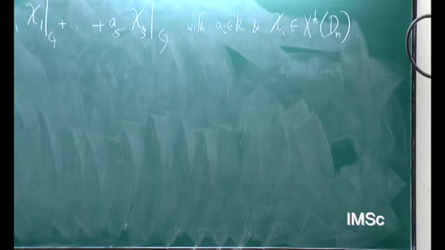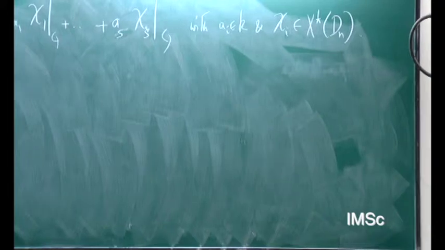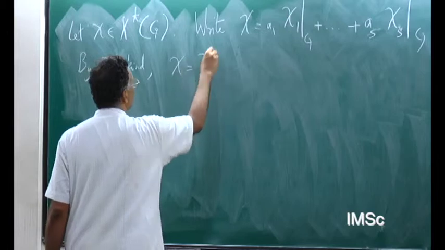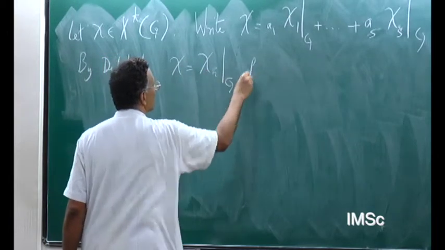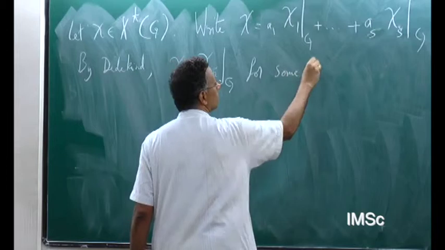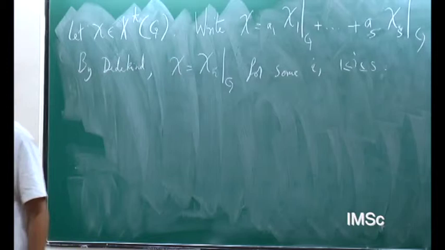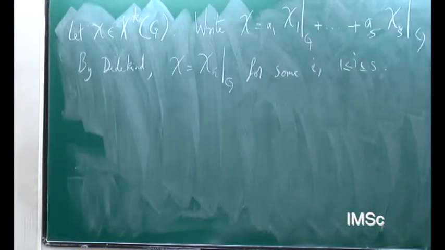So by Dedekind, chi equals chi I restricted to G for some I. So in particular, you've shown that every character is the restriction of a character from Dn.